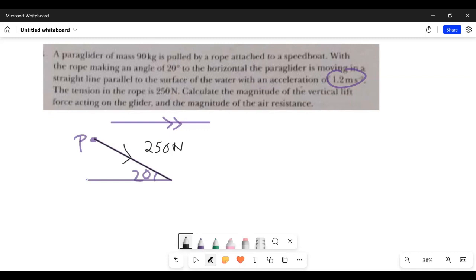Okay, before we find that, let's first resolve this force. So the force will have a vertical component and a horizontal component. So let's consider this as our triangle. So it's going to have a component acting downwards, and then a component acting towards the right.